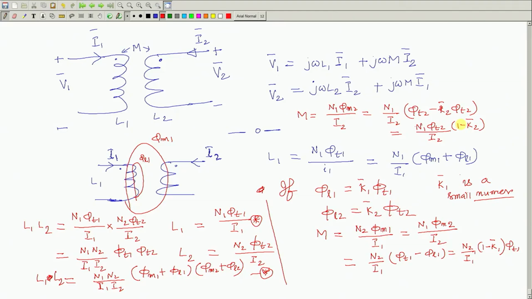Now, this step you just forget. M is equal to this as well as this. Concentrate on these two equations.